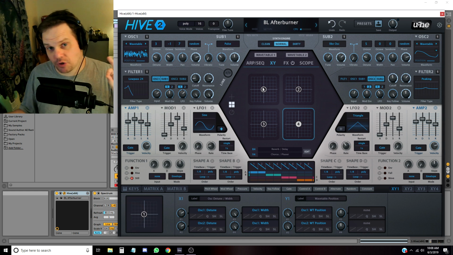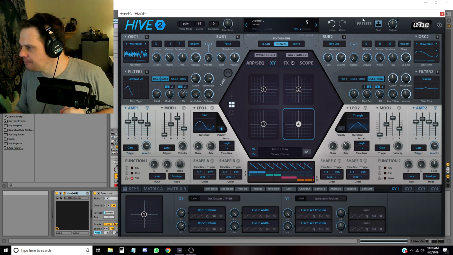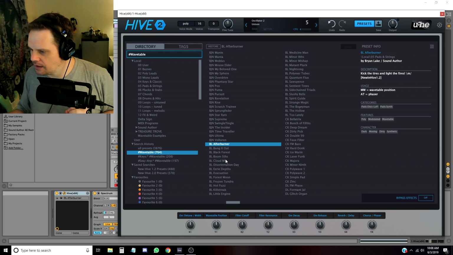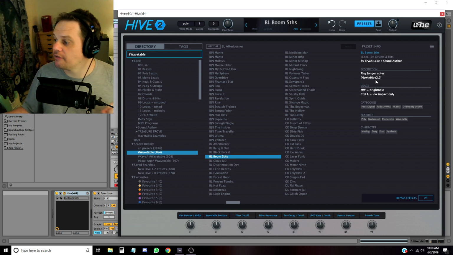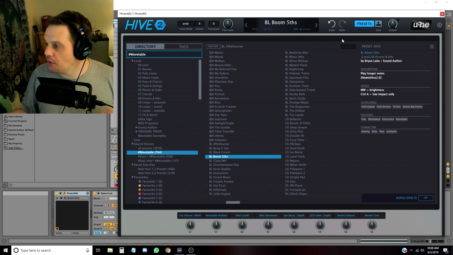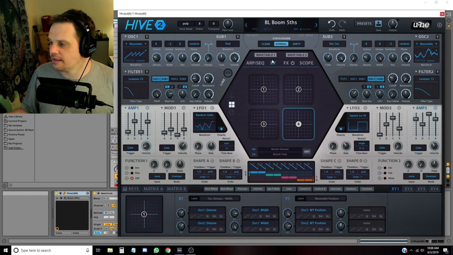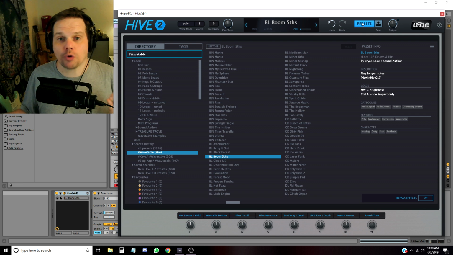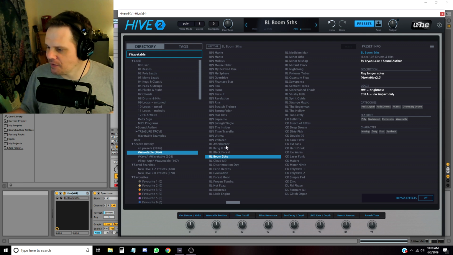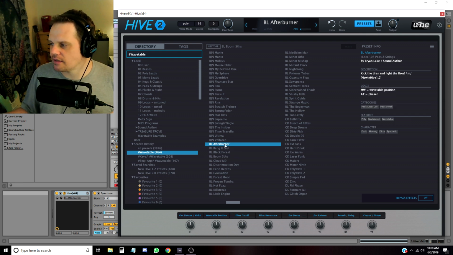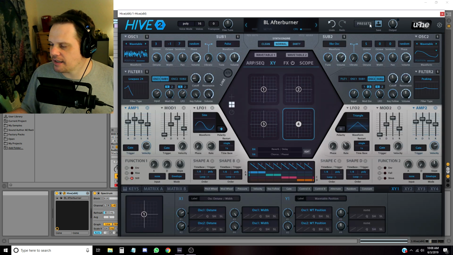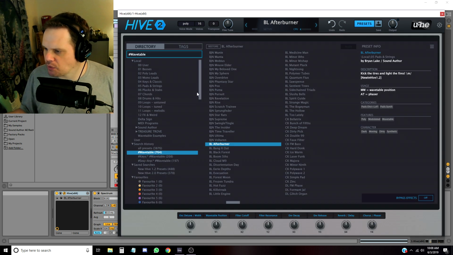But in the Hive 2 patches, new in Hive 2, those patches do have proper XY assignments. So be forewarned when you're going through my old patches that only the ones from Hive 2 will have the proper XY assignments.